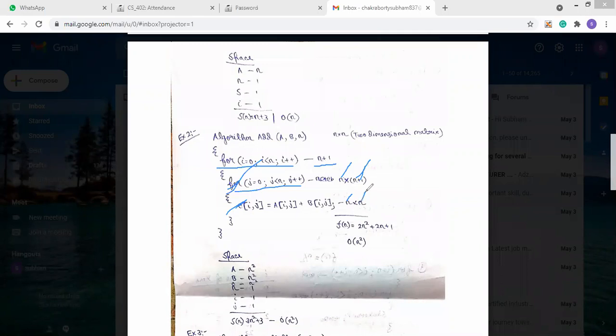So that's why again n. Clear? Because there is an upper loop and there is an inner loop, an outside loop and an inner loop. That's why it is shown this way. Clear?